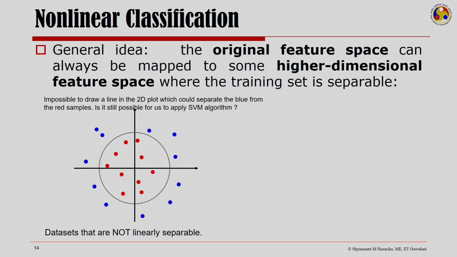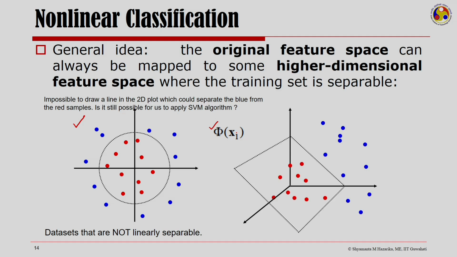So, given this feature set which is not linearly separable, I can think of having a function phi of xi which will try to map every point in this data set to a high dimensional space. And then it would be possible to have linear separation as shown in this diagram.